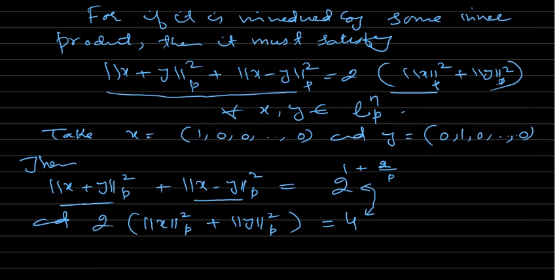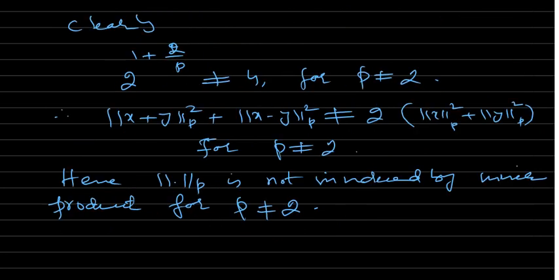So let's calculate this norm: norm of x plus y whole square plus norm of x minus y whole square, in the p-norm. So x is 1, 0, 0, 0 and y is 0, 1, 0, 0, 0.